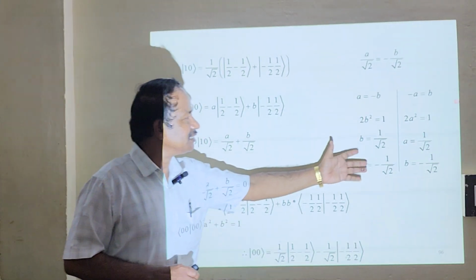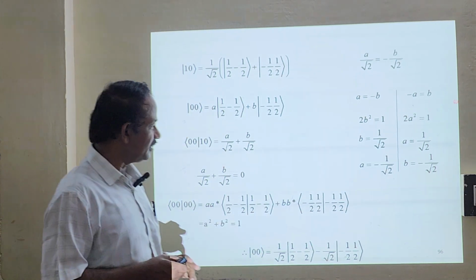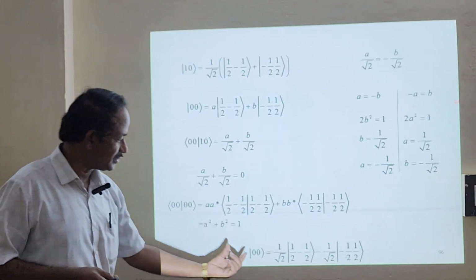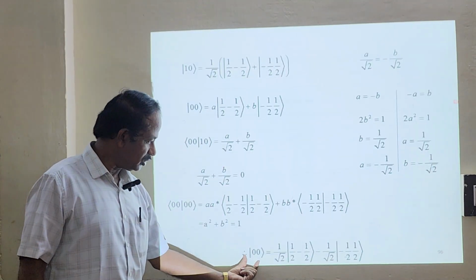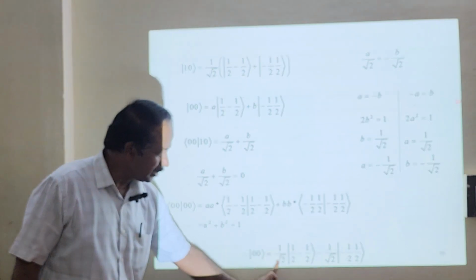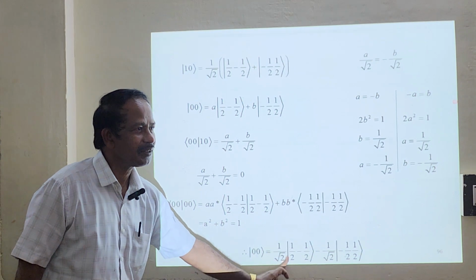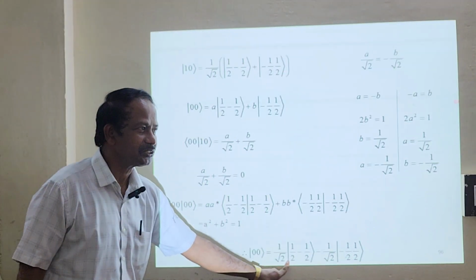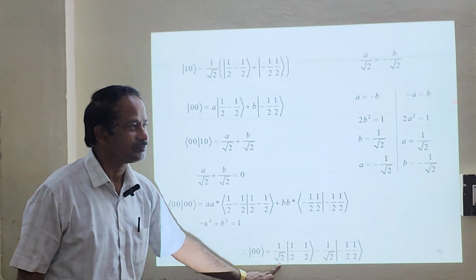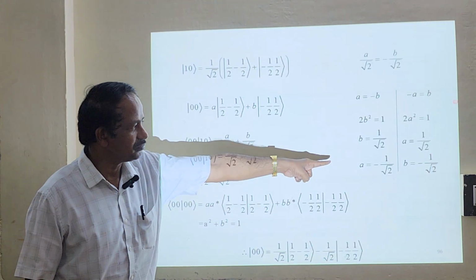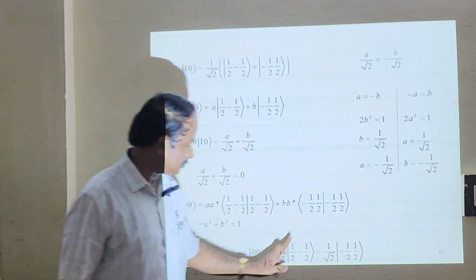Either we can take this combination or we can take this combination, which goes like this. The way is 0, 0, 1 by root 2. If it is positive, just take the positive value. Here 1 by root 2 is a positive value. Just take the positive value. For A, this must be a positive value. A equals 1 by root 2.